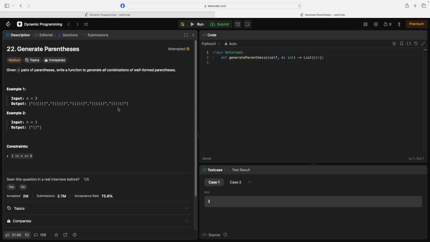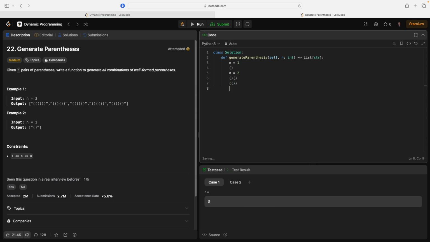Do we try to build like a matrix? Because if we have, let's see, for n equals 1, we know that we could just do that. For n equals 2, we could do this, this, or this, and that's it.